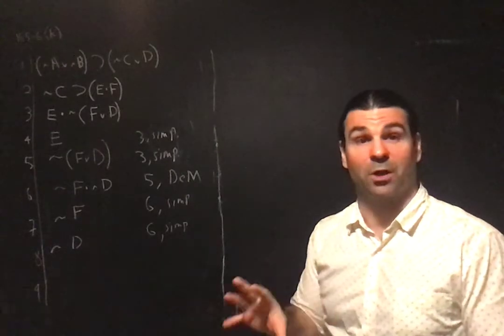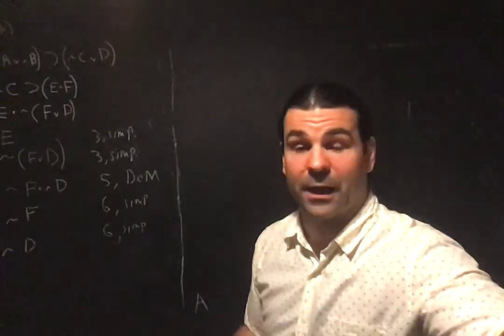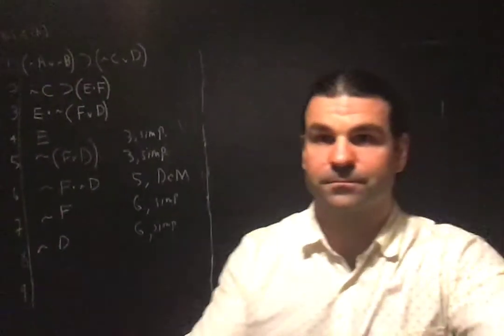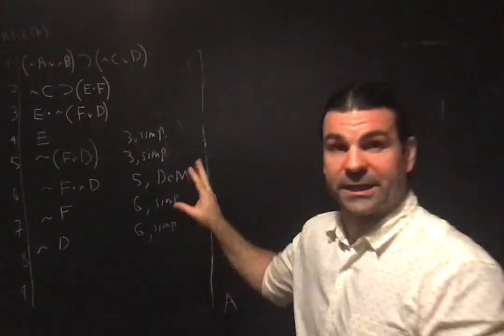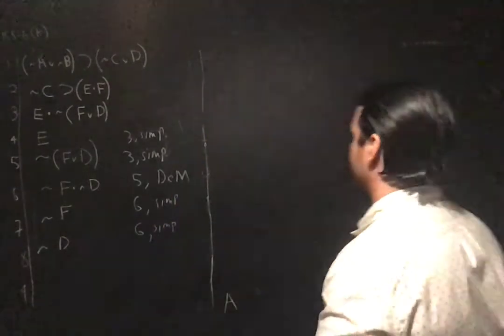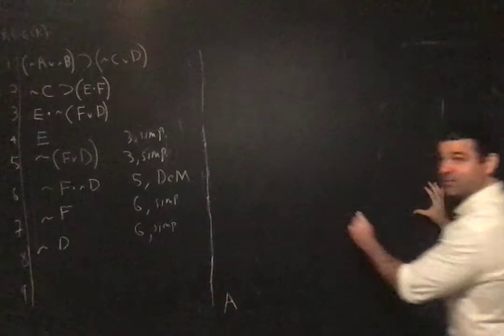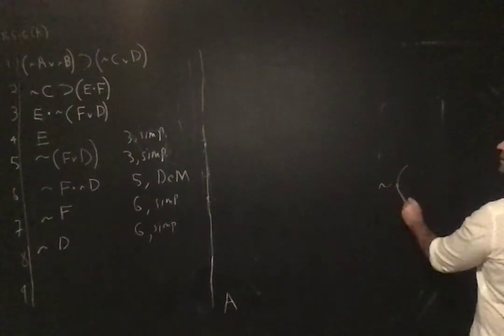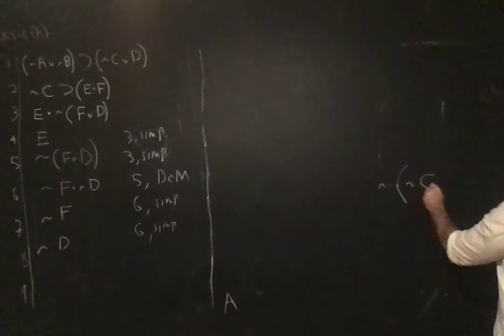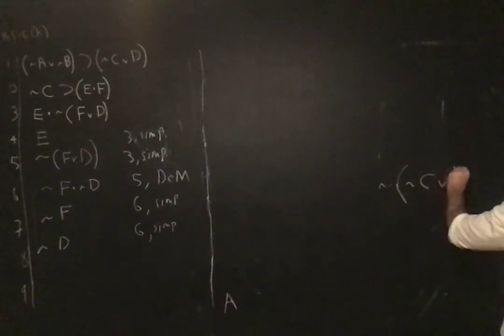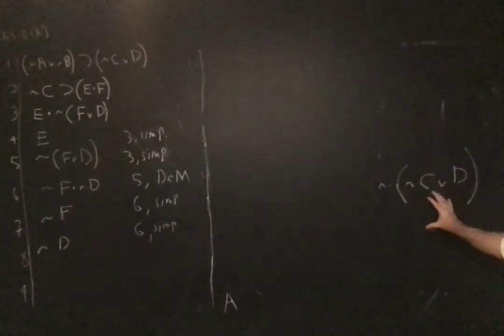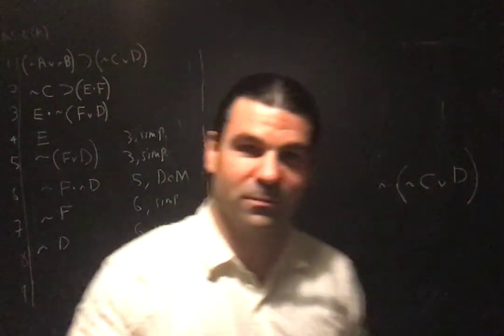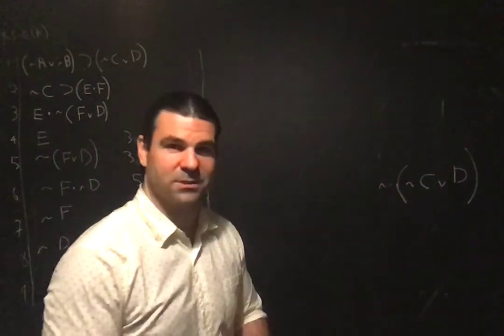So our problem resolves to getting the negation of the consequent of 1. So I need this: not, brackets, not C or D. That is my task. Be clear when you're working through these and working backwards.